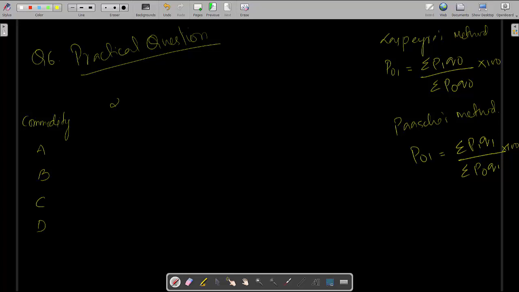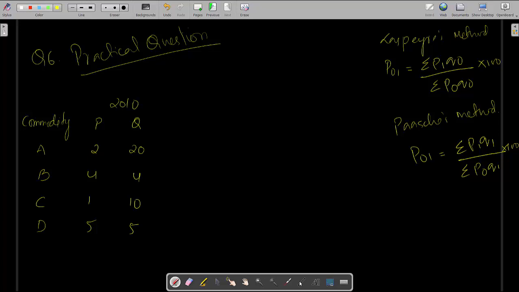First is 2010, the price is 2, 4, 1, 5, and the 2010 quantity is 20, 4, 10 and 5.